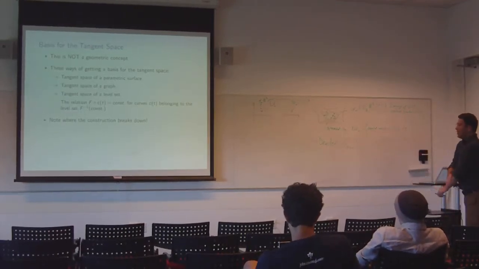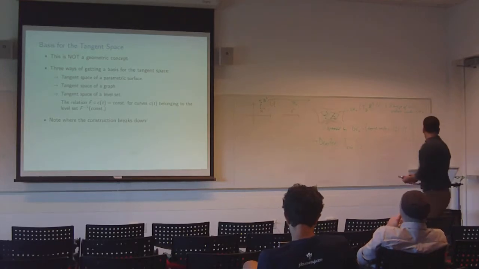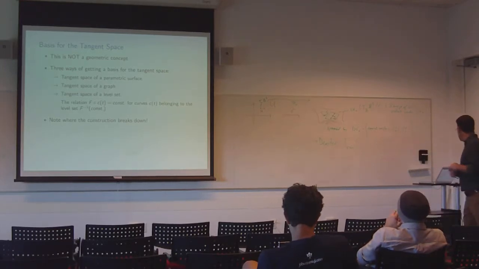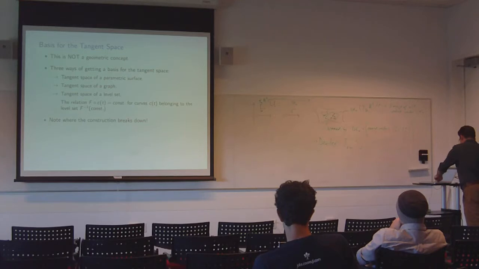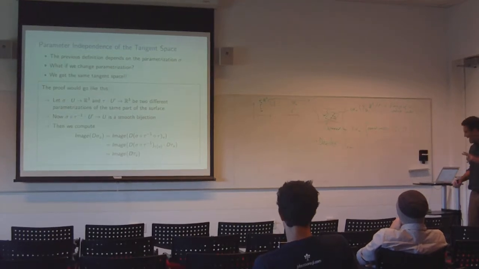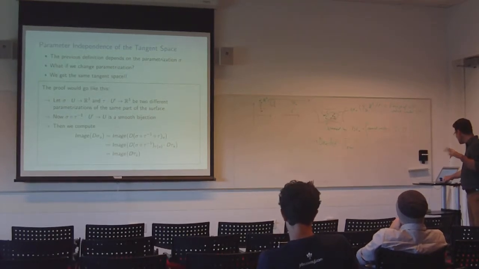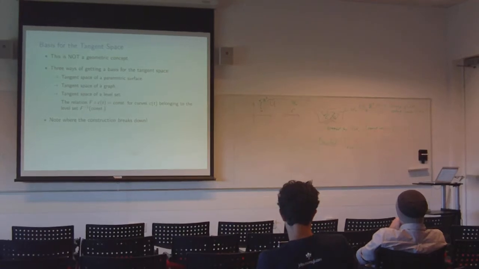Okay. Right, so let's finish off on finding a basis for the tangent space. The tangent space itself is a geometric object. As this proof shows, the tangent space is a geometric thing which is independent of parameterization, completely, rigorously, geometrically defined.